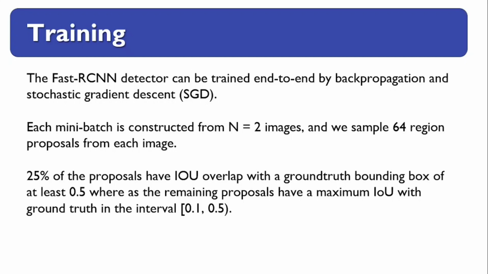There are many more aspects with regards to training which I suggest you look into in the Fast RCNN paper. I have added the link to the paper in the video description.